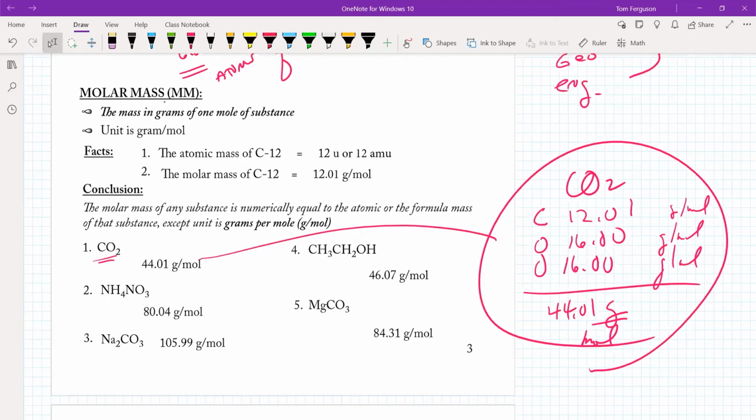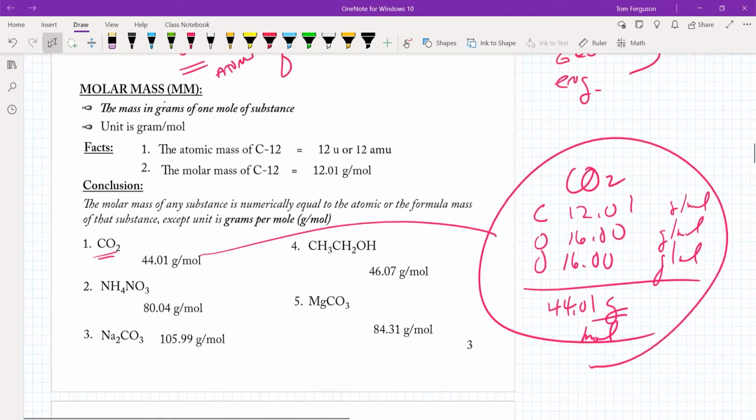But yes, your question is exactly right. The grams per mole is the same as AMUs, or U's. Okay, that was your question, right? Yes, that was. Thank you so much. Perfect. Okay. All right, and that is a very common.